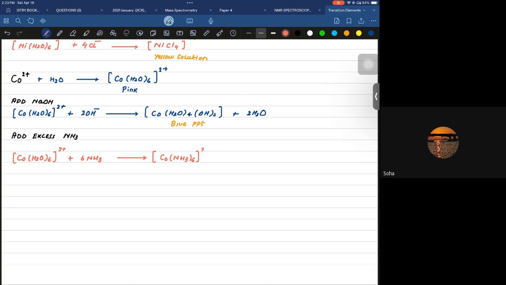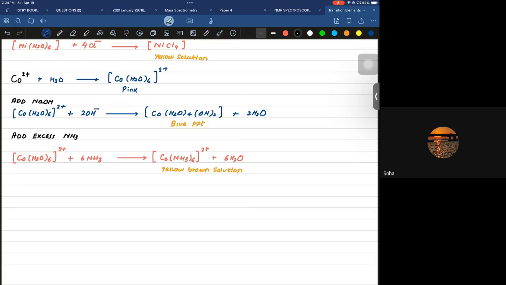Again, the overall charge is 2+, because there is no charge on ammonia and 6 water molecules are displaced. So of course this is not a precipitate because there is a charge. So we would observe a yellow brown solution.